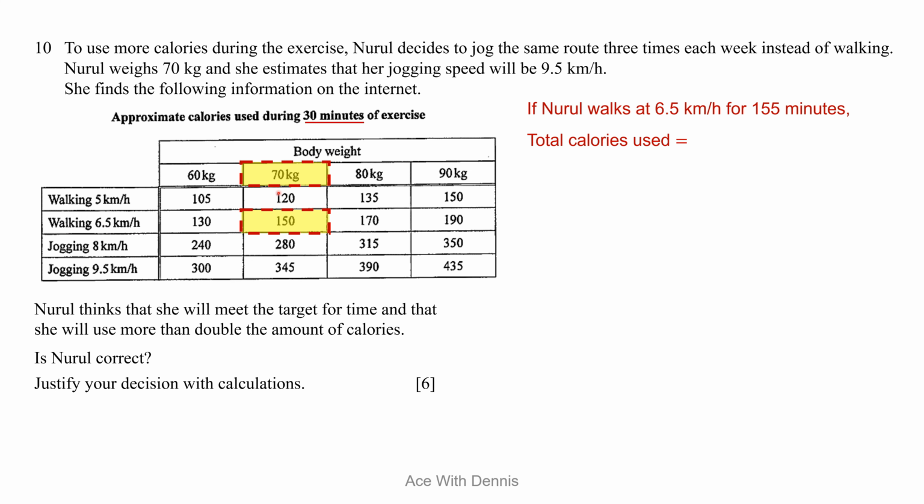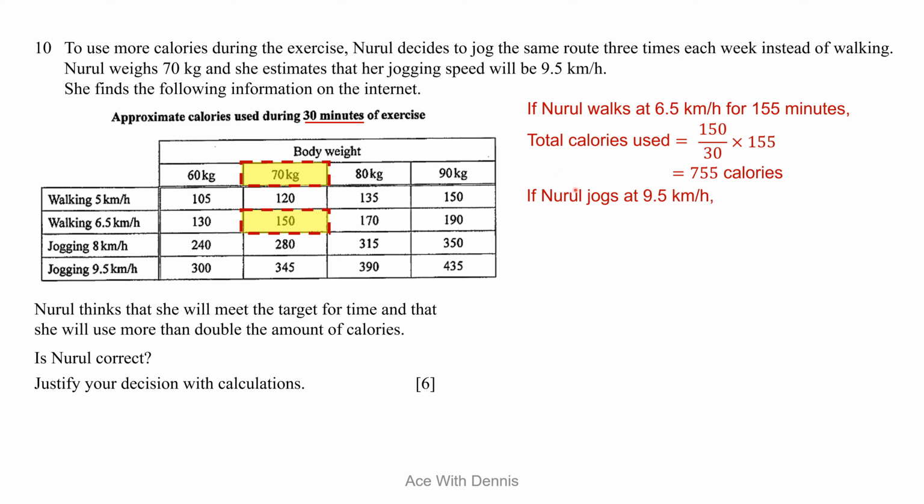Given it is 150 calories for 30 minutes, to calculate the total calorie use for 155 minutes, there will be 150 divided by 30 times 155, and we'll get 755 calories. Again, remember why we divide by 30, because this number is for 30 minutes. Then we times 155 minutes. So this is the calorie that Nurul will use if she walks at 6.5 kilometers per hour for 155 minutes.